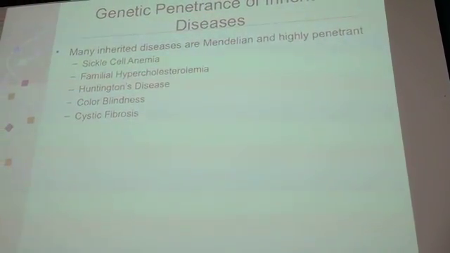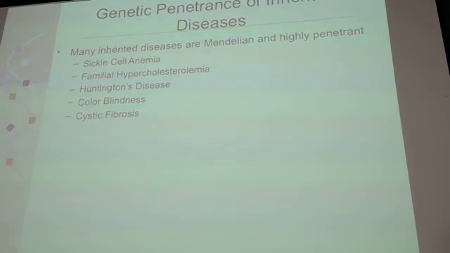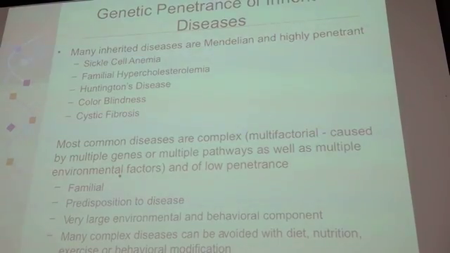Huntington's disease is a very classical, severe inherited disorder for which we don't have treatment. Things like colorblindness and cystic fibrosis are other classical examples. So these are all inherited diseases that are Mendelian, single gene, monogenic, highly penetrant.